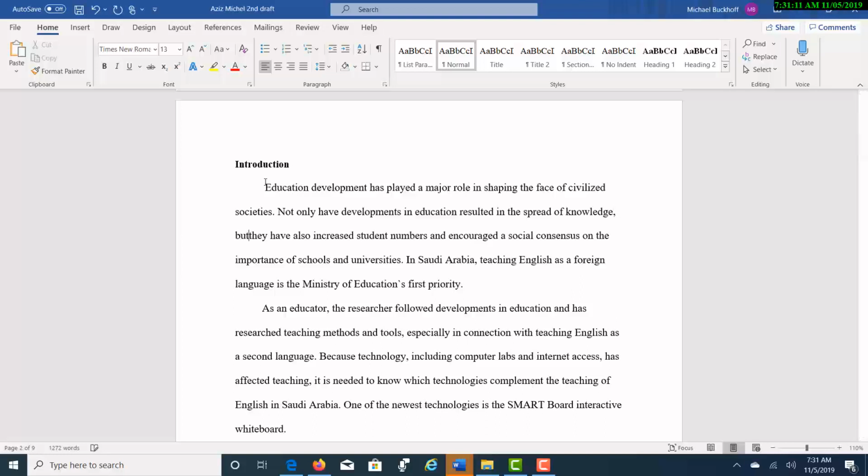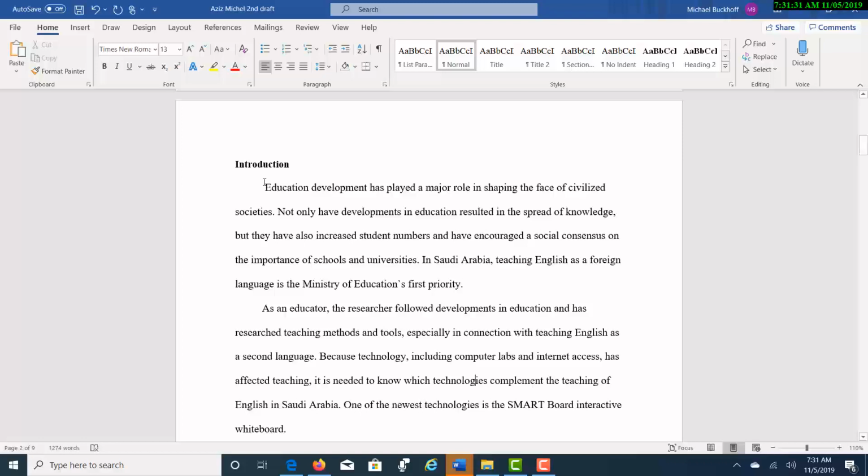And you want to say, but they have also increased student numbers and have encouraged a social consensus on the importance of schools and universities. In Saudi Arabia, teaching English as a foreign language is a ministry of education's first priority.